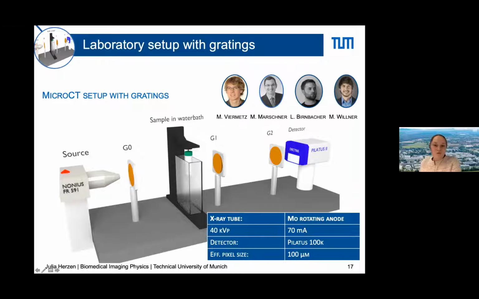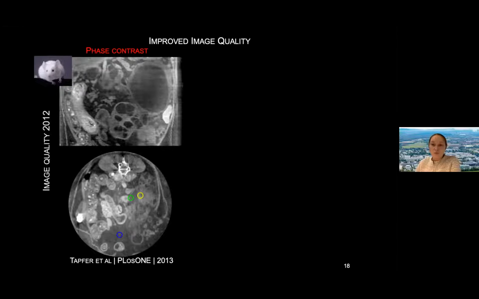Our first setup was built in 2012, and I'll show you some first results, which definitely show that it's more challenging to get nice images out of this method in the lab. This is a mouse, again fixated in formalin without any staining, and this is the phase contrast image that we got after the machine was installed.